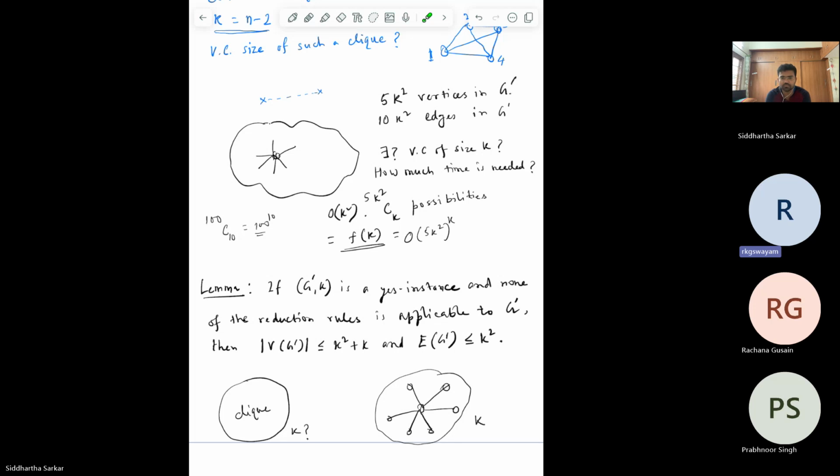If we allow deletion, then the rules should be applied multiple times, exhaustively, as long as it is applicable. And if we do not allow the deletion, and if we use some flag kind of thing, then probably applying these rules once in one iteration would be sufficient.